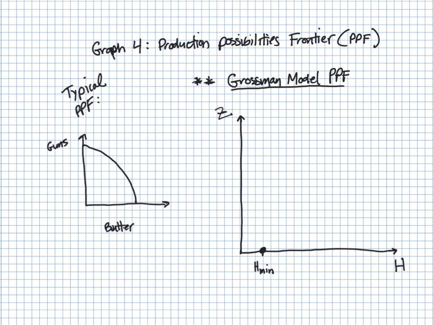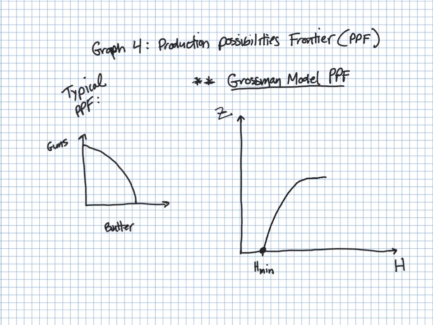Initially, what happens when we produce more health is that we have more productive time available to us, and we can spend some of that time working, making money. We can also spend some of that time producing Z in leisure. The more health we have, the more of all these other things we can get. So there's an upward sloping relationship between H and Z initially. It looks something like this.